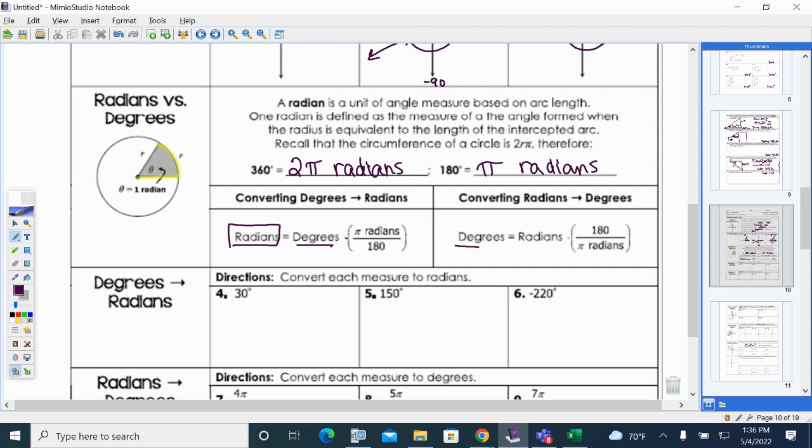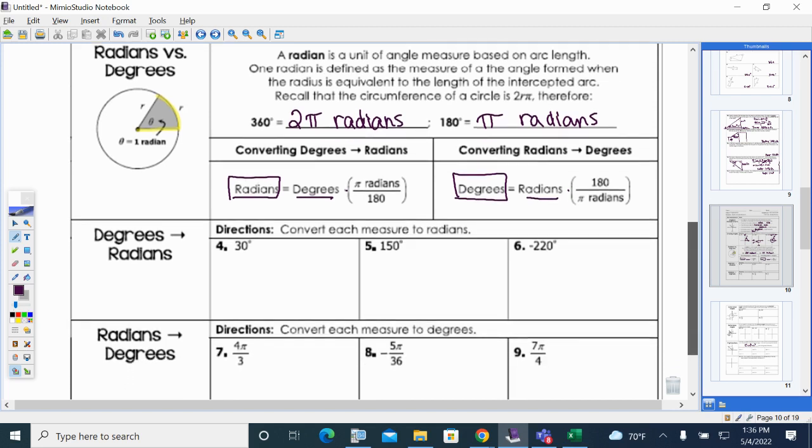And to get degrees, you're going to take your radians and multiply by 180 over pi. Now, full disclosure here, I do not have those formulas memorized. All I do when I'm converting from radians to degrees or degrees to radians is I pay attention to what needs to cancel and then just put the correct units so that they'll cancel.